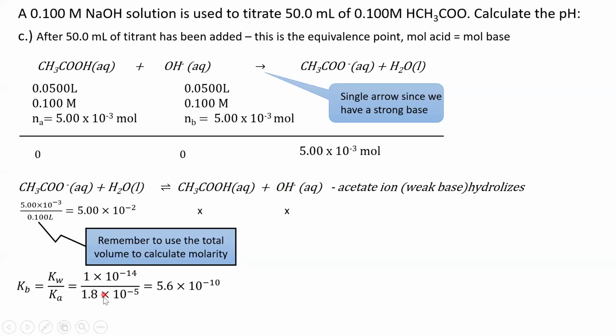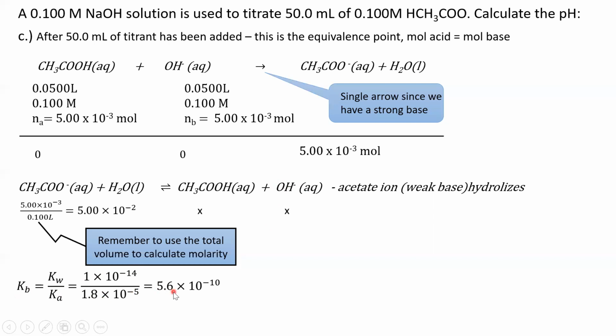Now, in the previous question, we were given the Ka for acetic acid, but we're looking at a base now. Since we're looking at a base, we need Kb. And Kb is calculated by taking Kw and dividing it by Ka.